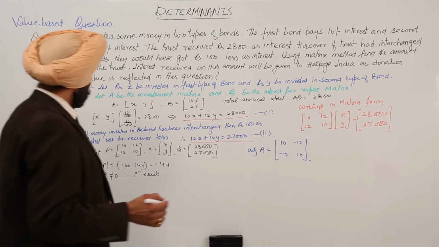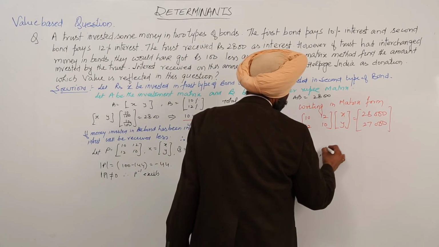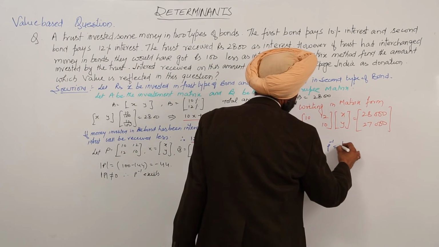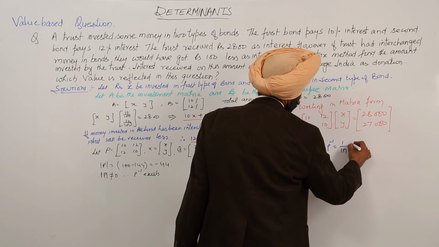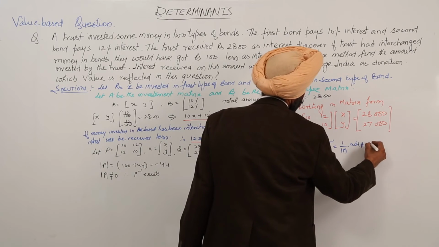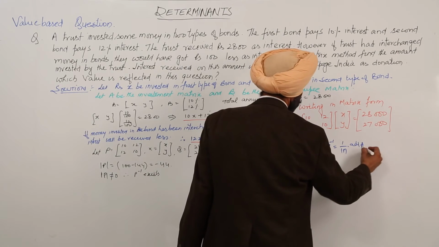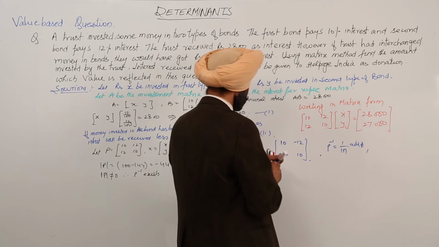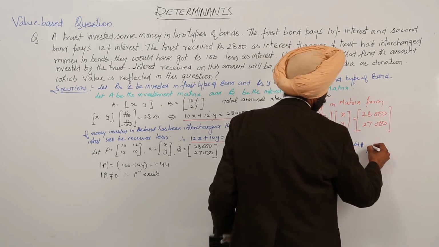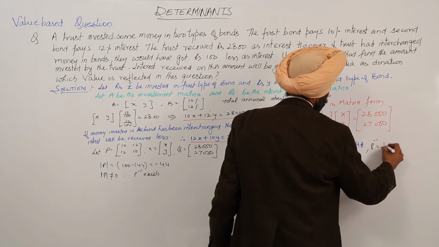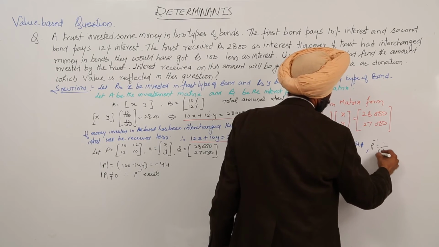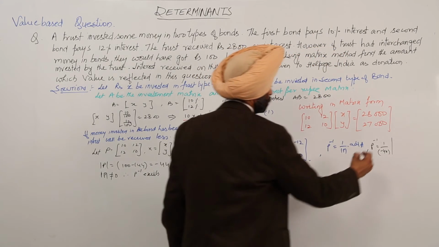Now P inverse is equal to 1 upon determinant of P with adjoint P. Now this is equal to one upon minus 44 with the adjoint.